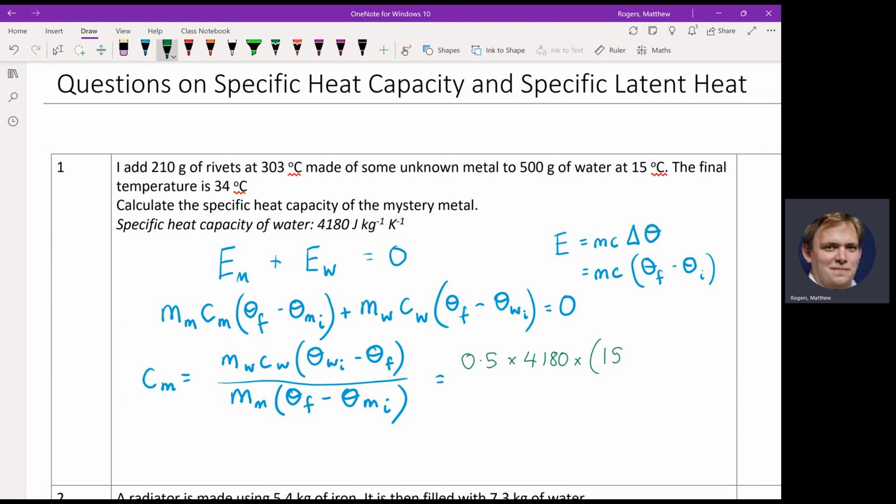Minus the final temperature of the water, so minus 34, over the mass of the metal, so that's 0.21 multiplied by the final temperature, so that's 34, minus the initial temperature of the metal, which was 303. So that should be the calculation that I do to find the value here.